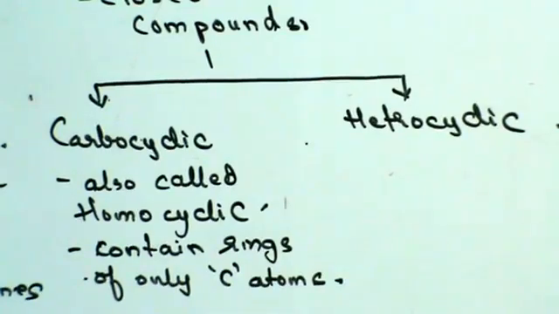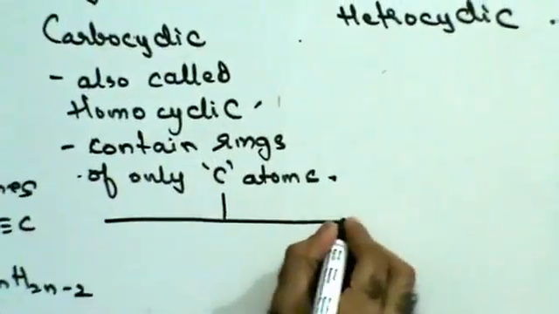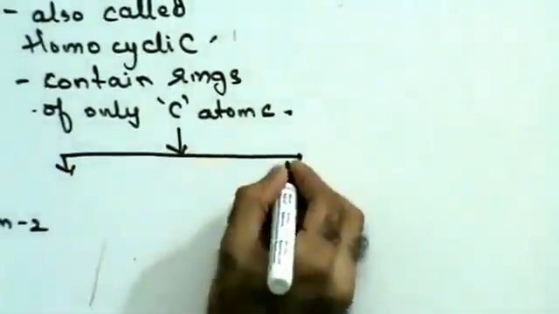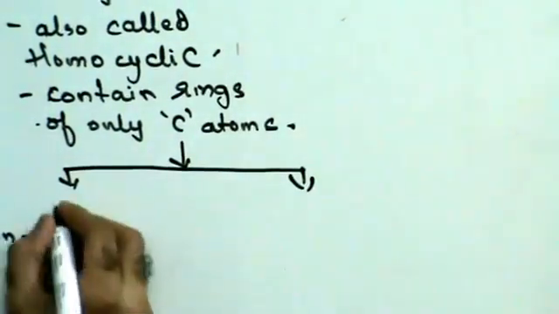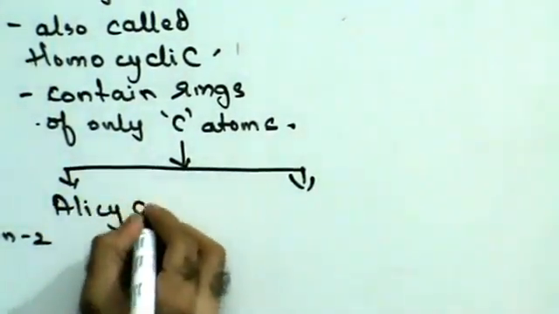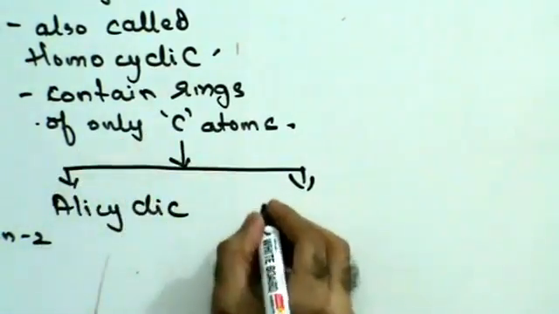Right? Now, when you talk about carbocyclic or homocyclic, they are further classified into two. One is called alicyclic and the other is called aromatic.